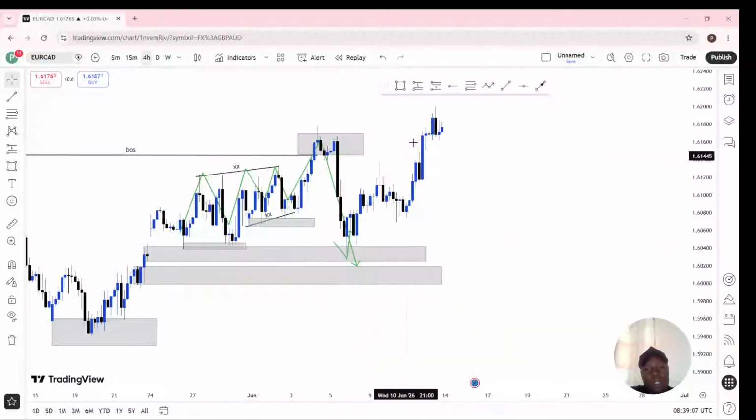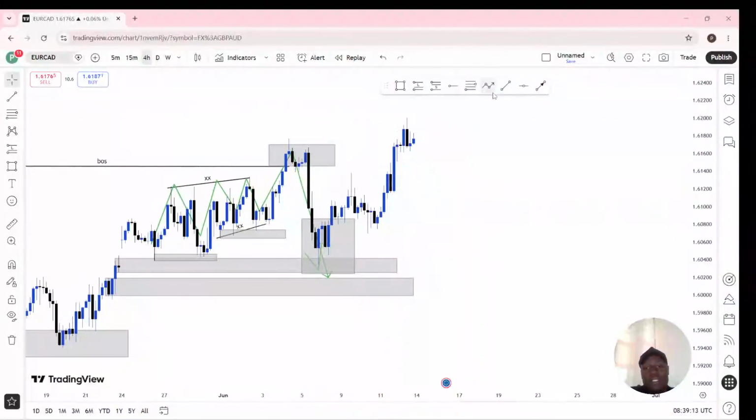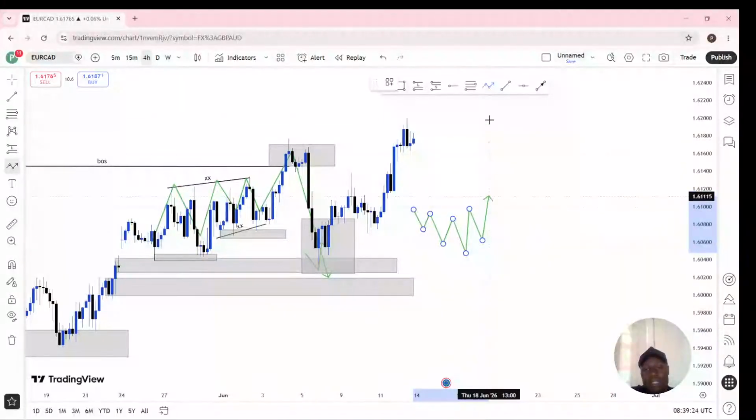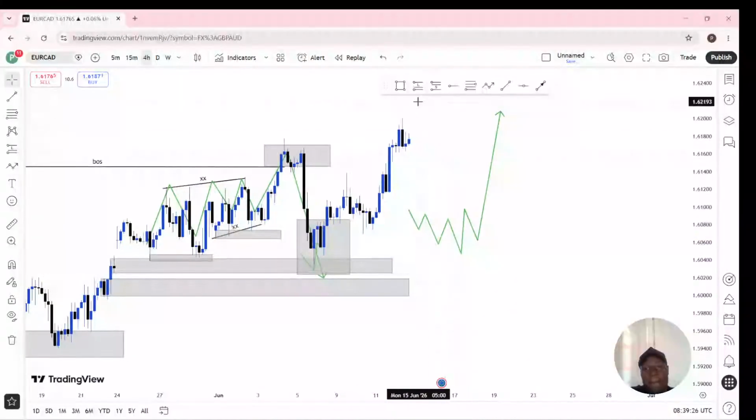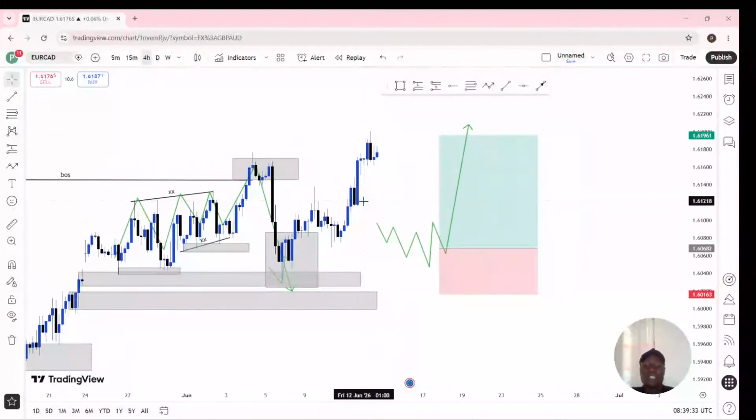All we needed was to see price coming down, continue to the downside, then finally price shifts structure, it mitigates, and then we enter. So our entry should always be on this mitigation. That's how we enter our trades.